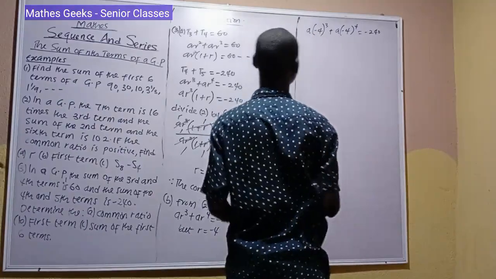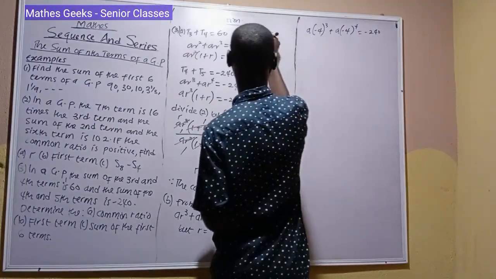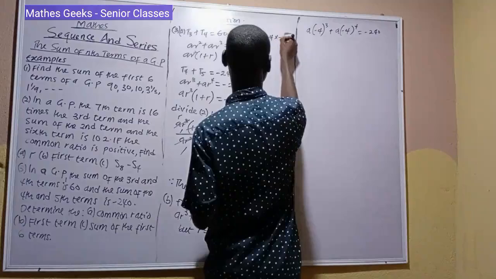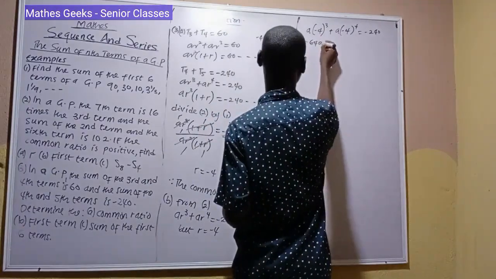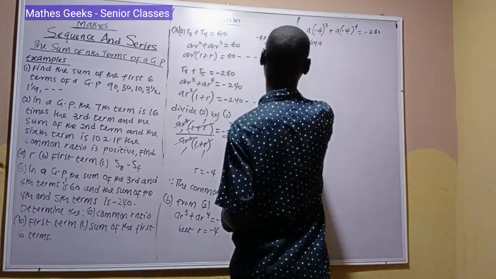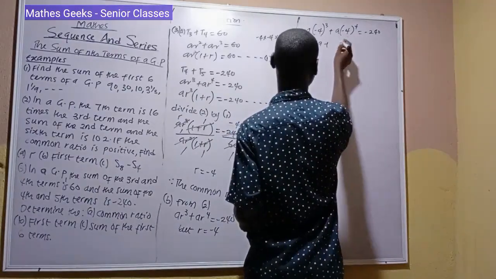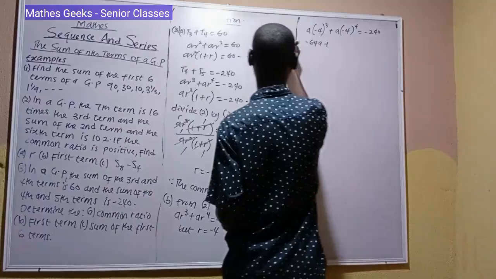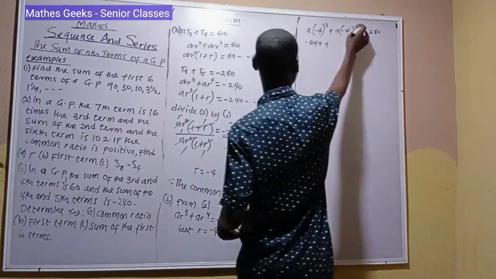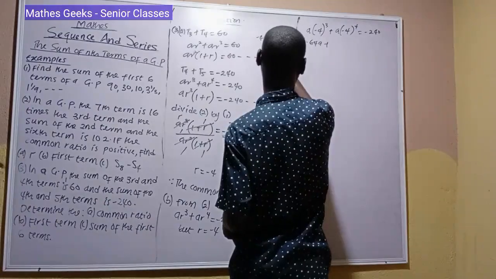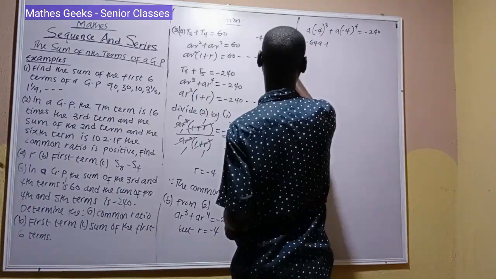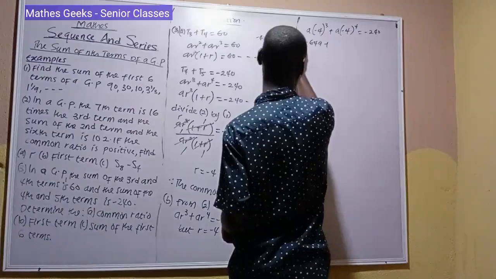Here, minus 4 to the power 3 is minus 4 times minus 4 times minus 4. That's minus 64a. Minus times minus is plus, plus times minus is minus. And here, times minus 4, that's what this power 4 means.